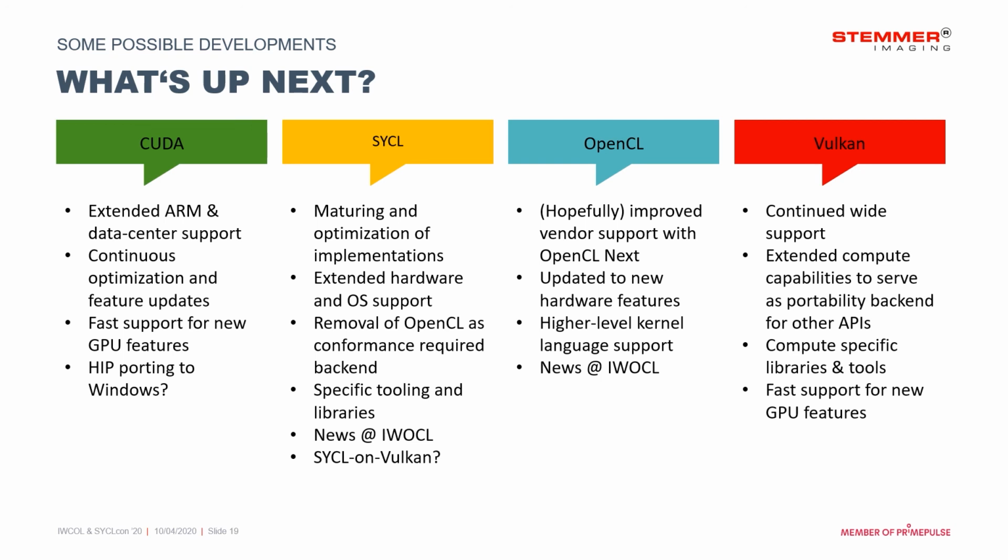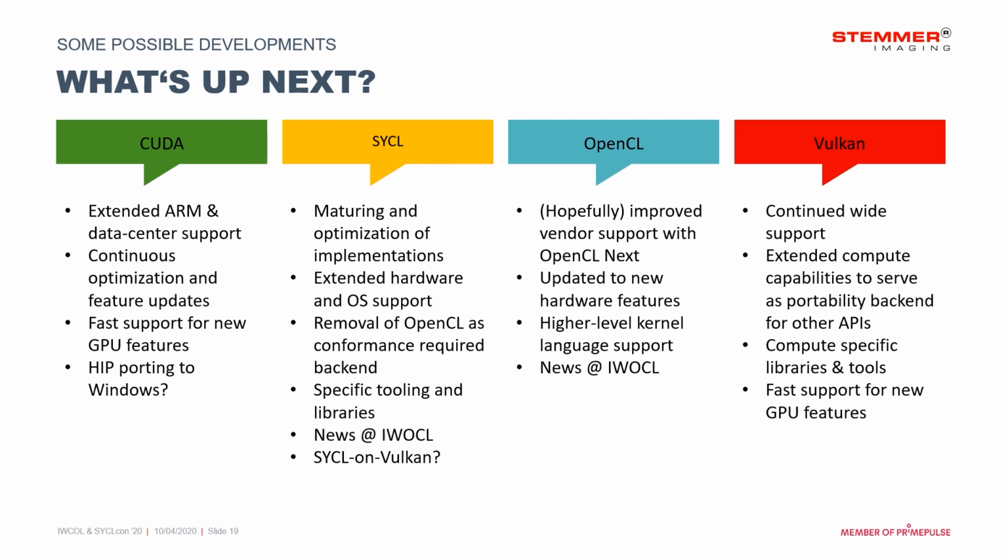Also, I expect some higher level kernel languages to be supported better, like C++ will get an easier path to work on more GPUs. And I also expect some more news here at IWOCL.